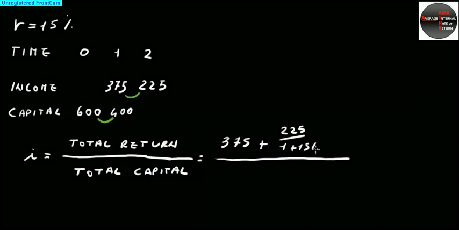Remember that there is a lag of 1 period between the first income and second income, so we sum the discounted values. As for the total capital, we add 600 and 400 discounted by one period, because there is a lag of 1 period between the first capital invested and the second capital invested.